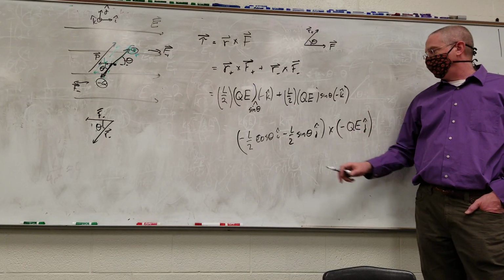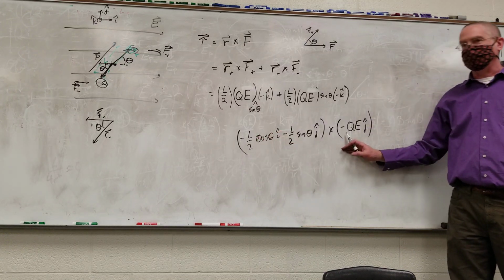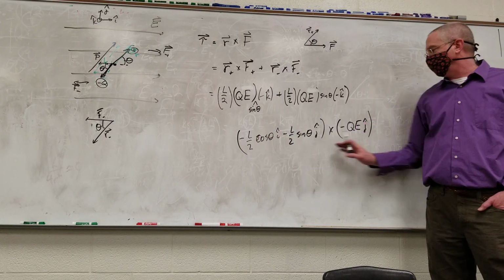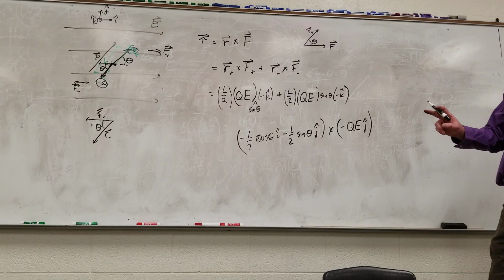And so ultimately we'd have a negative here, which is positive, and then i cross j is k, and somehow I'm off by a sign somewhere. Where did I screw up?